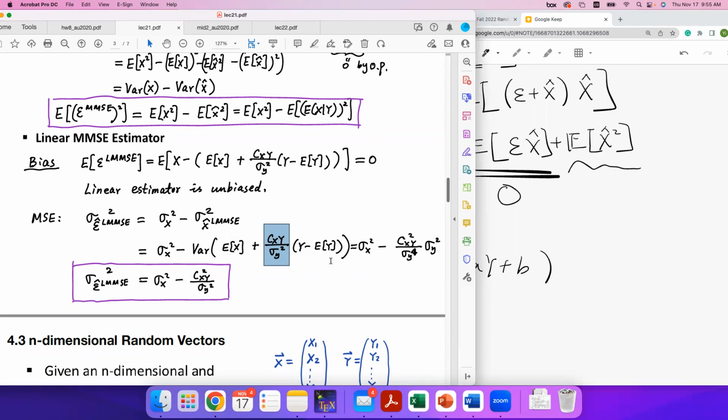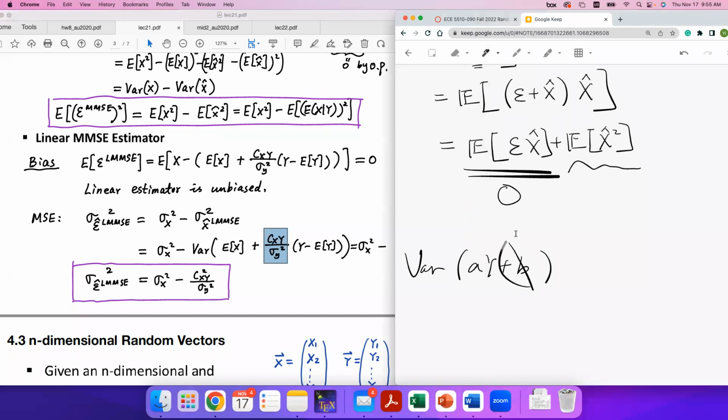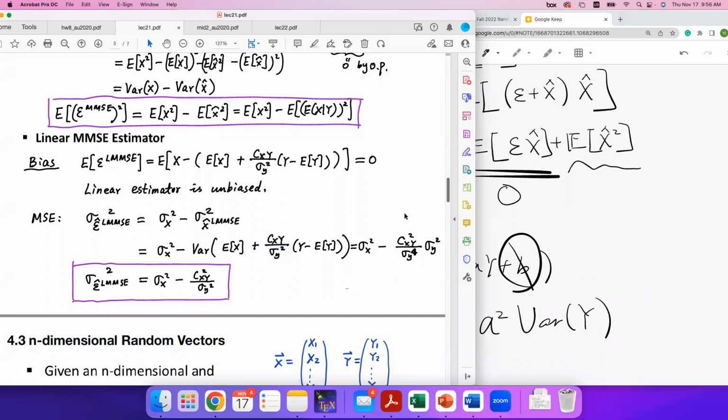This is A times Y, and all the other terms, the expectation of X and the expectation of Y times this coefficient, can be combined and viewed as this constant term B. And by the variance formula, this is equal to A squared times the variance of Y. So we just apply that. It's basically this coefficient squared times the variance of Y.